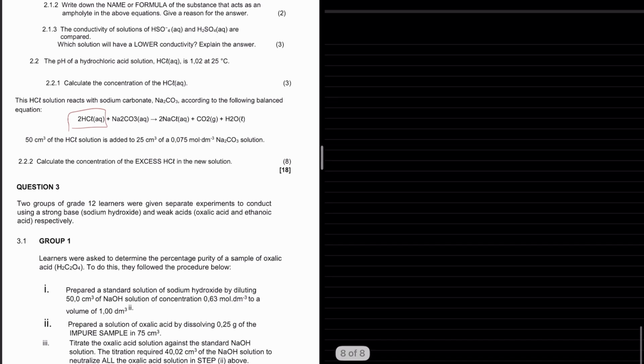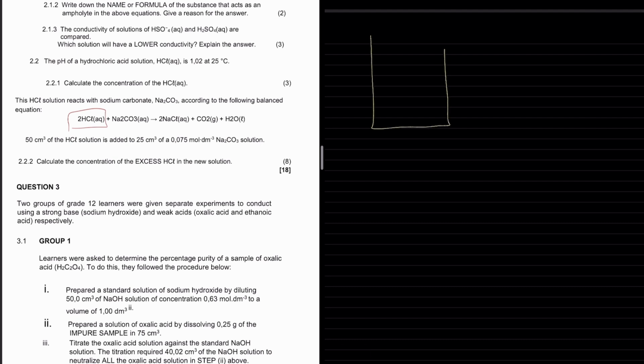Now, we need to think about this container. In here, we have 0.001 moles of HCl. Now, what's the volume? The volume now is going to be the 50 plus the 25.